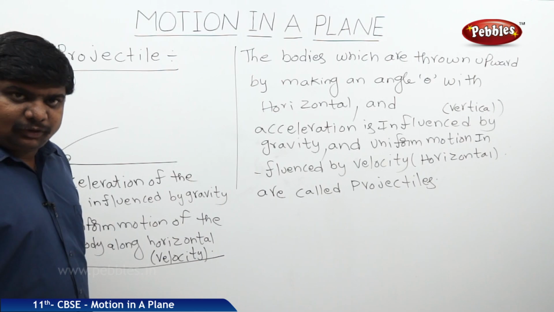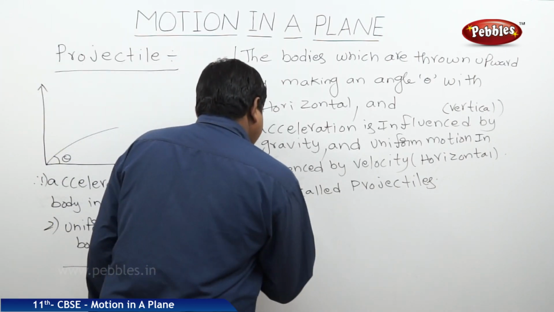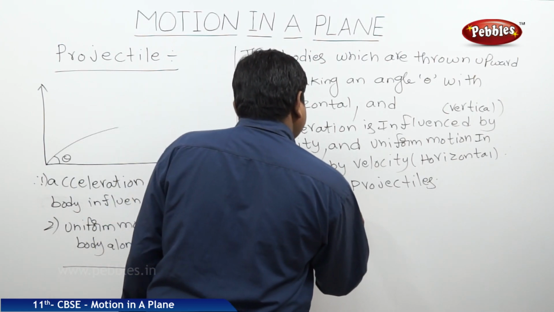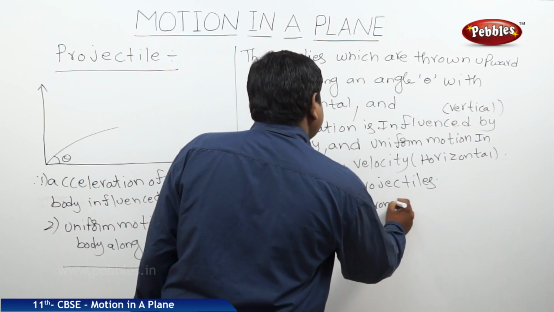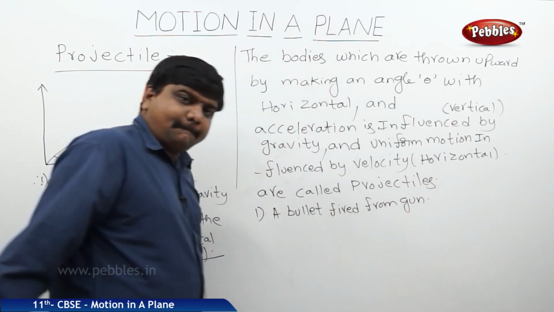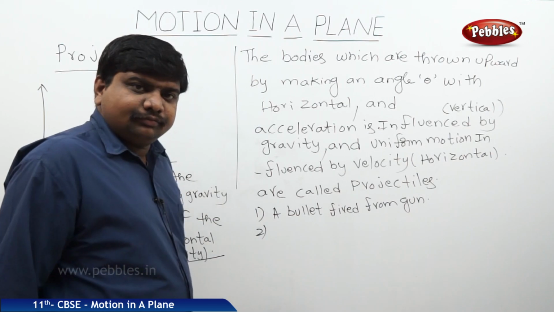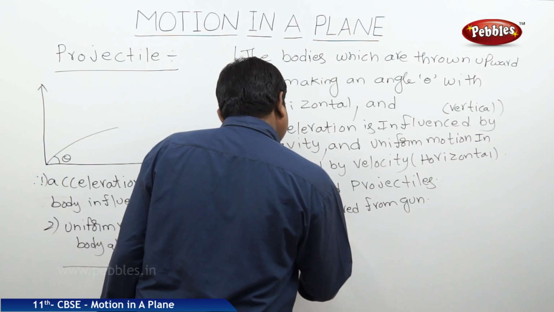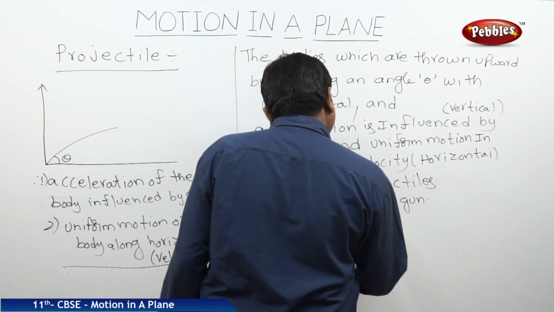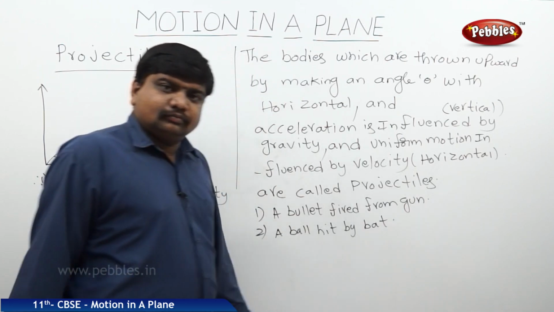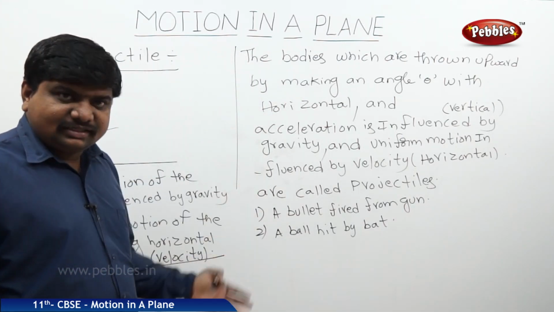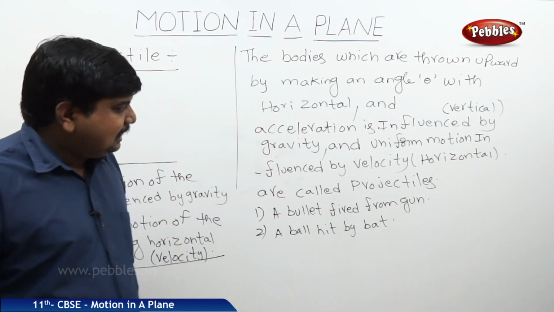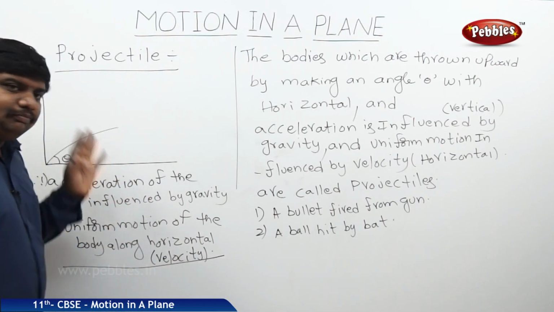What are the examples of the projectiles? A bullet fired from a gun, a ball which was hit by a cricket bat, and some projectiles like the jet planes doing revolving motion upward in the sky. These are all examples of projectiles.